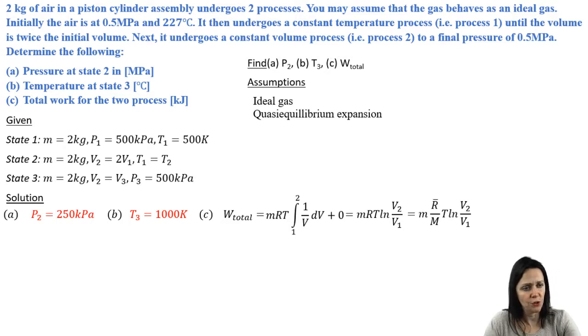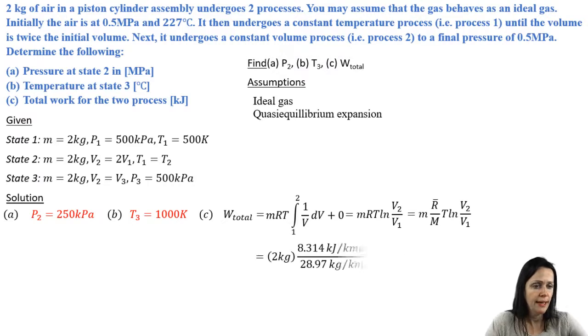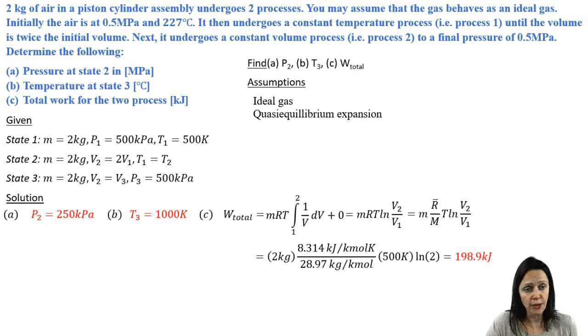I don't think I've shown that here yet, but the specific gas constant is R bar over the molar mass. R bar is the universal gas constant. Molar mass is the molar mass of air, which you can look up in table A1. Just make sure that the temperature is in absolute temperature units, and I can solve for the total amount of work, 198.9 kilojoules. Well, I hope that was helpful. Thank you for watching, and let me know if you have any questions.